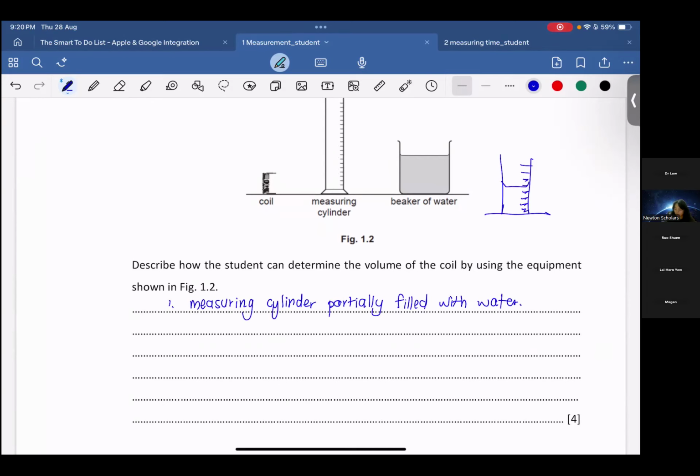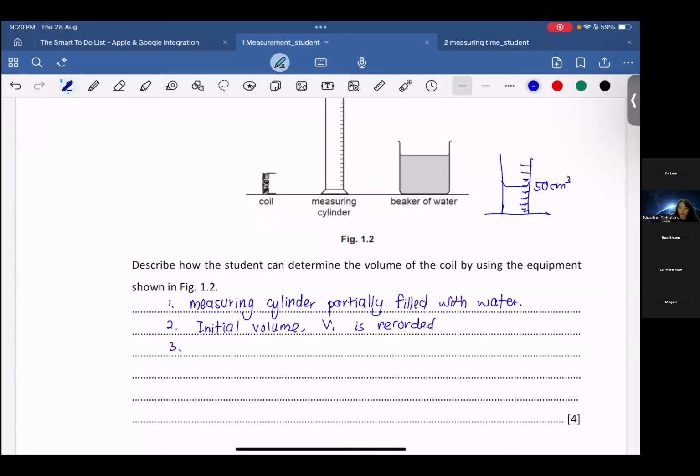Okay, something like this. Second step, okay? Initial volume, we record it down. You can set the volume that is easy for you to read, okay? Initial volume, V1, is recorded. So we record, for example, this one 50 cm3.